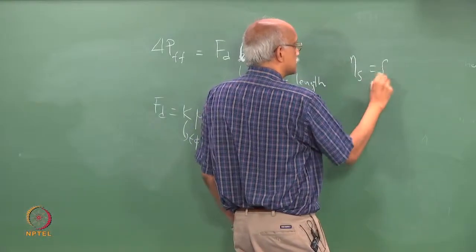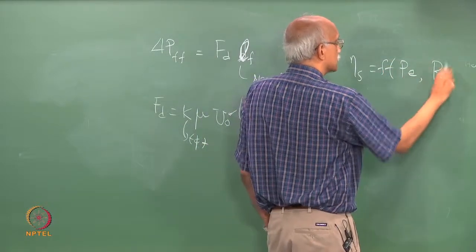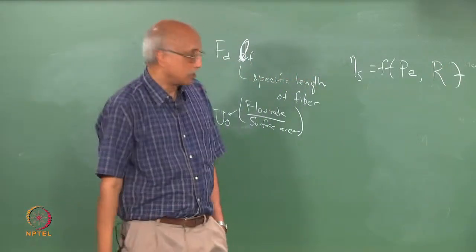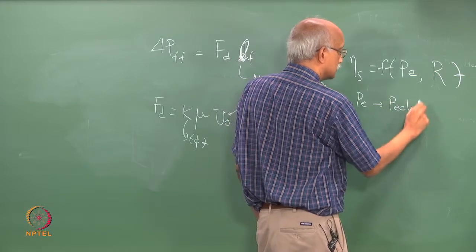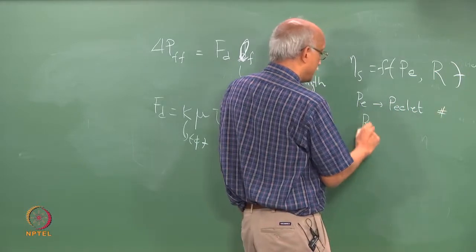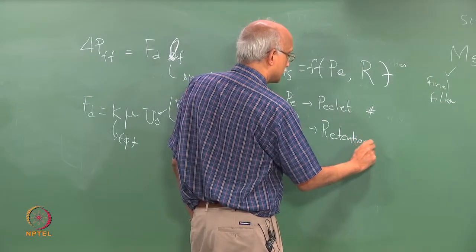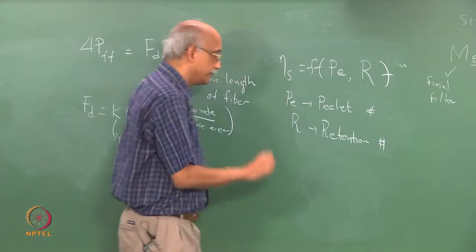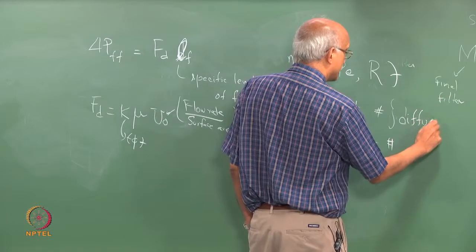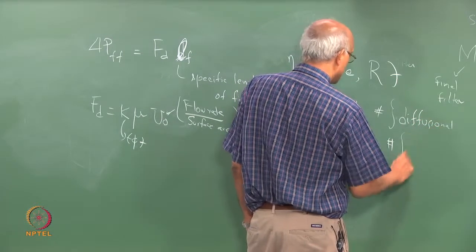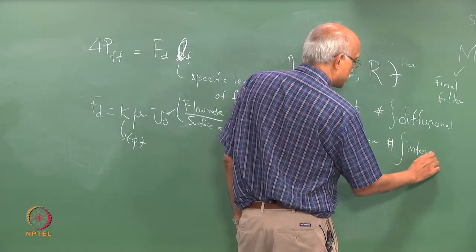Eta s is a function of two parameters Pe and R, where Pe is called the Peclet number and R is called the retention number. Peclet number is a measure of diffusivity or diffusional collection, and the retention number is a measure of interception.